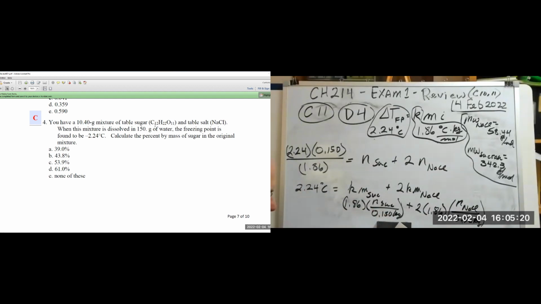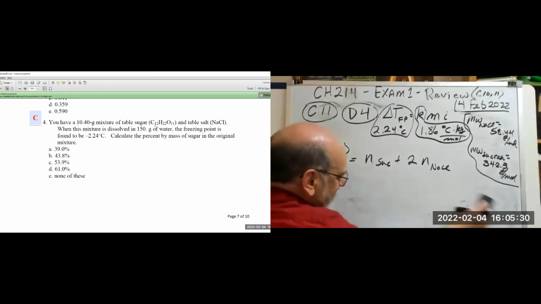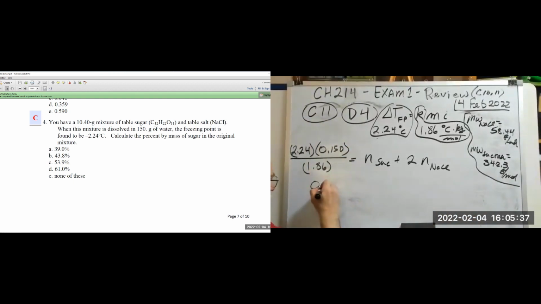And now that I've got that, I can erase this. And over here, this value reduces to 0.1860.